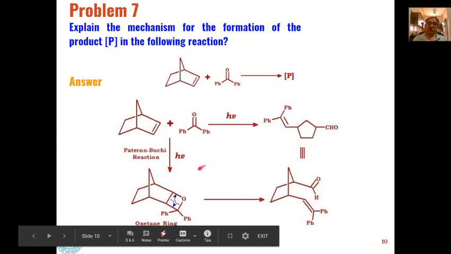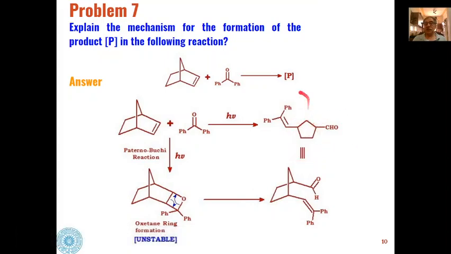Instead of oxetanes, we will get these types of products. And again, this is a 5-membered ring which is attached to an aldehyde group and an unsaturated side chain. So unsaturated aldehydes are formed from the reaction of this bicyclic alkene and aryl ketones.